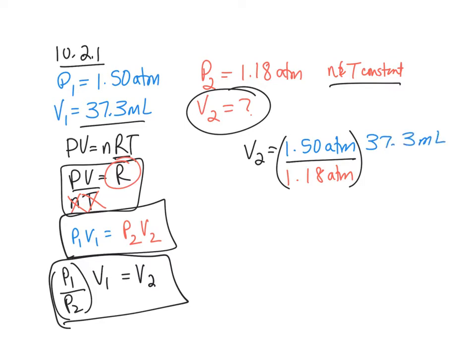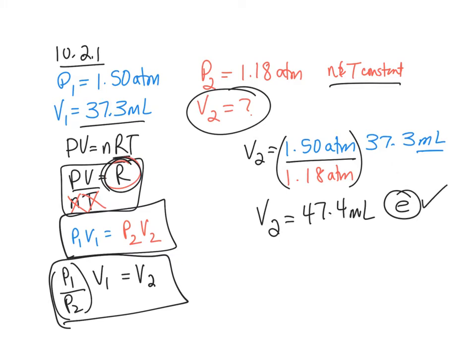And the answer can be in milliliters, and that's fine because we're not using the actual R, which uses liters. So if you do that in your calculator, 1.5 divided by 1.18 times 37.3, you should get 47.4 milliliters, and that corresponds to the answer E.